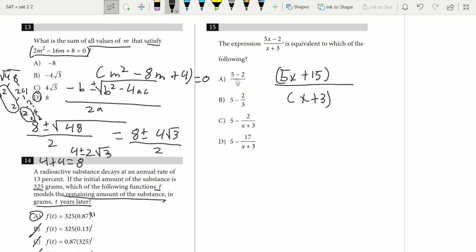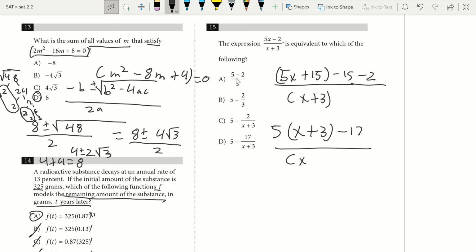So if we add 15 and subtract 15, that's a wash. That just becomes 0, and we still have our minus 2. Now 5x plus 15 can be factored into 5 times x plus 3, because that gets us 5x plus 15. We still have minus 15 and minus 2, which becomes minus 17.